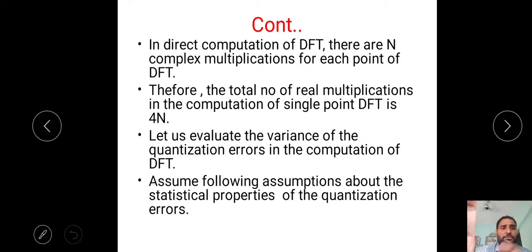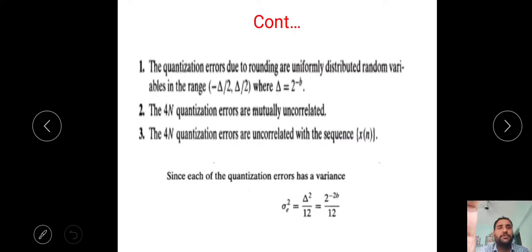Assume the following about the statistical properties of quantization. The quantization errors due to rounding are uniformly distributed random variables in the range minus delta by 2 to delta by 2, where delta is 2^(-b). The quantization errors are mutually uncorrelated. The quantization errors are uncorrelated with the sequence x(n). Each quantization error has a variance sigma squared equal to delta squared by 12.